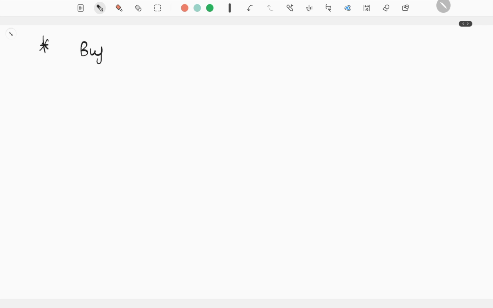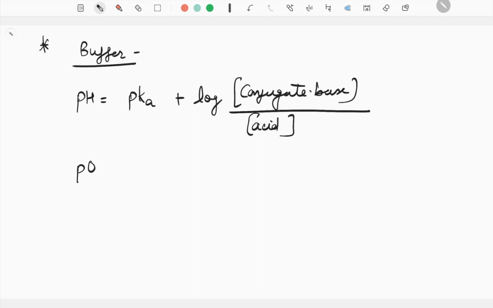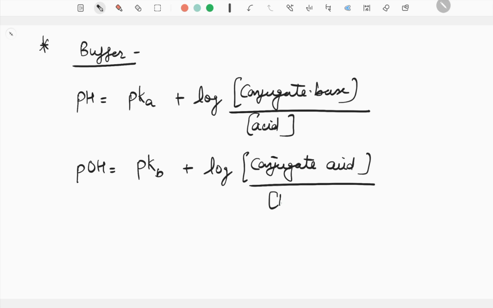Next, buffer. Now the relations for buffer are: pH is equal to pKa plus log of the concentration of conjugate base upon the concentration of the acid. Similarly, pOH is equal to pKb plus log of the concentration of conjugate acid upon the concentration of the base.